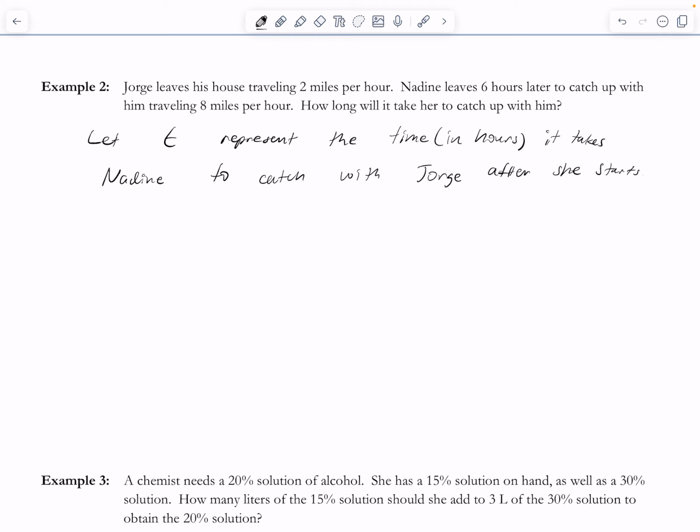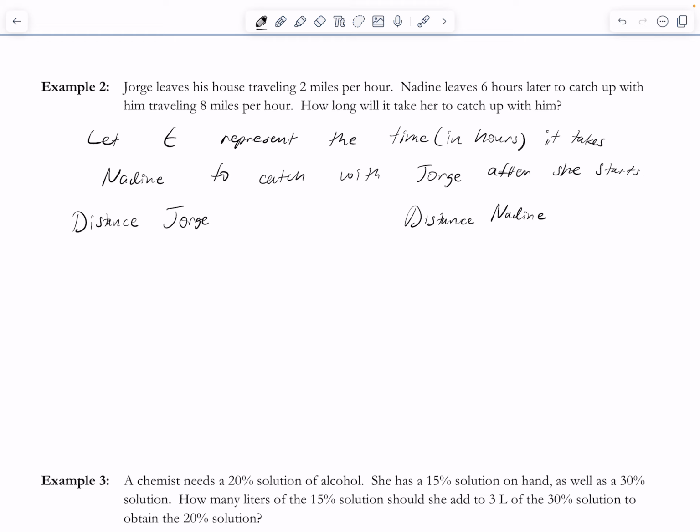So it says during this time, Nadine is traveling at 8 miles per hour, and Jorge has already been traveling for t plus 6 hours at 2 miles per hour. So what I'm going to do is I'm going to write the distance that each one has traveled. So this is the distance that Jorge has traveled, and then the distance that Nadine is traveling.